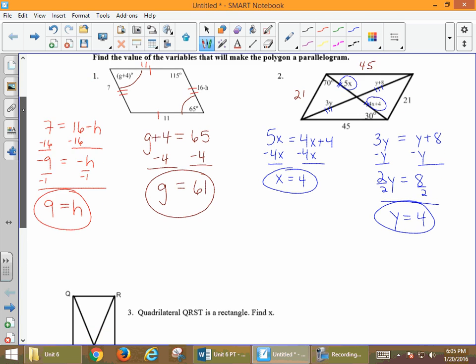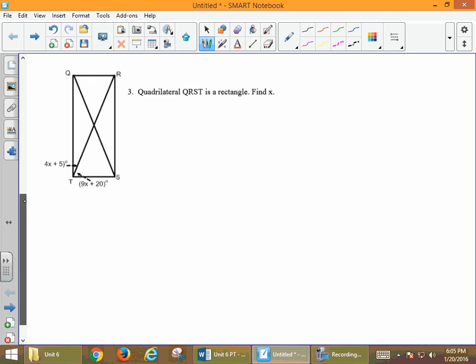Moving on to number 3. Number 3 says quadrilateral QRST is a rectangle. Find x. So there are a few things we should know about rectangles. The first thing I have to know about rectangles, it is a parallelogram. All of the traits of a parallelogram are traits for rectangles, as well as two very special new traits.